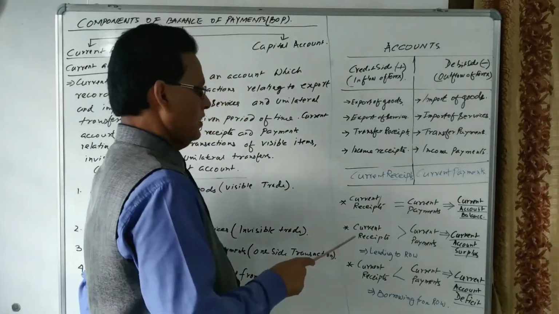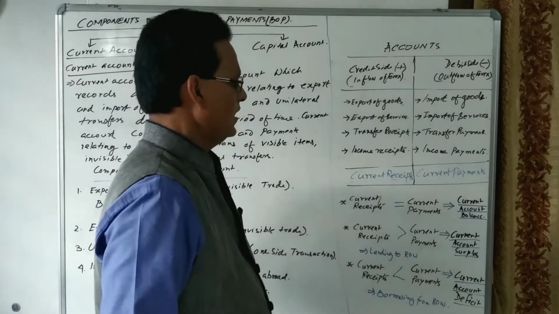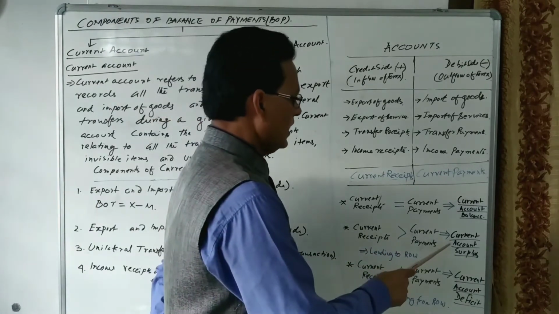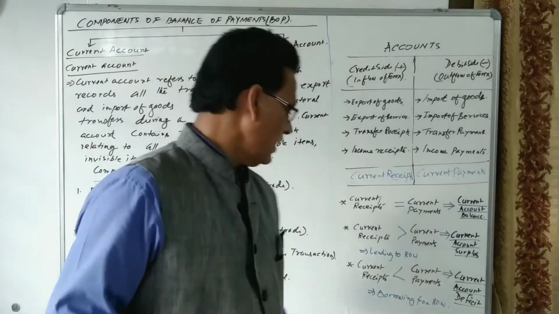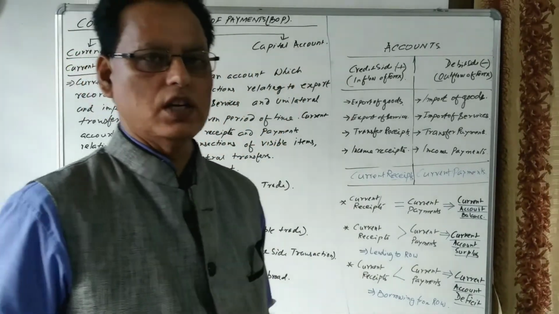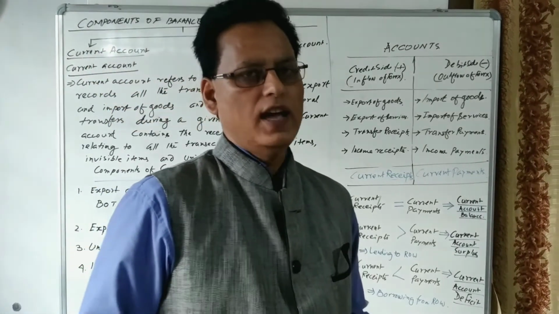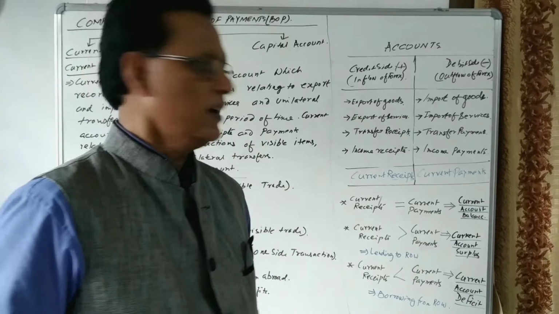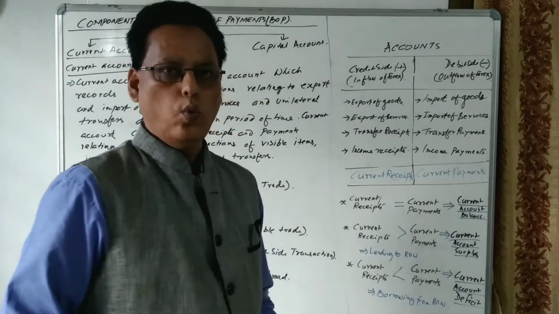If current receipts are more than current payments, it is a current account surplus. Whenever there is a current account surplus, the country will have enough foreign exchange, and that foreign exchange can be used for lending to the rest of the world.